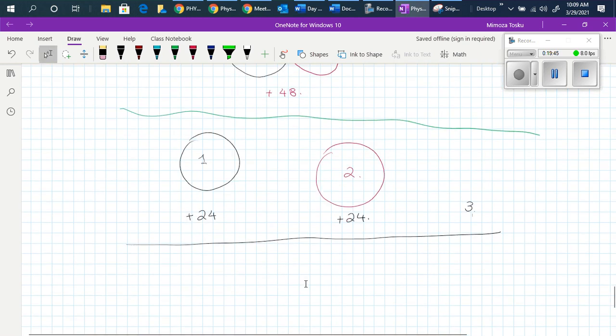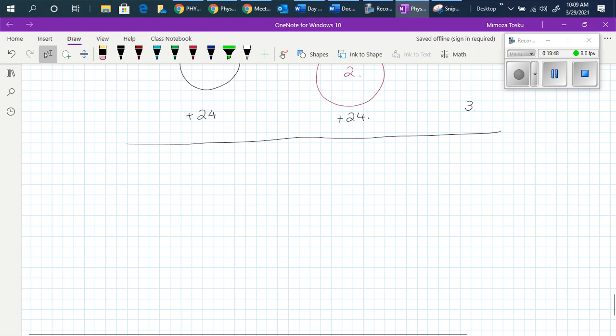Now, how can we find a way to calculate the charges after the contact with each other? If we have object 1 with, for simplicity, positive 24 coulombs, and an object that is identical in shape and material with negative 12 coulombs, what will happen in this case?